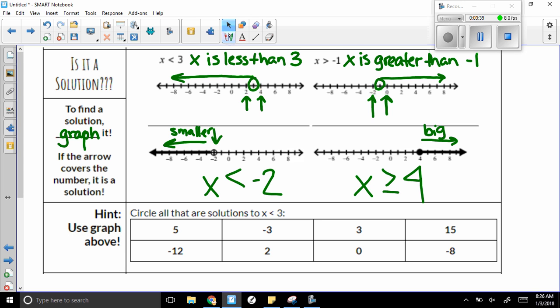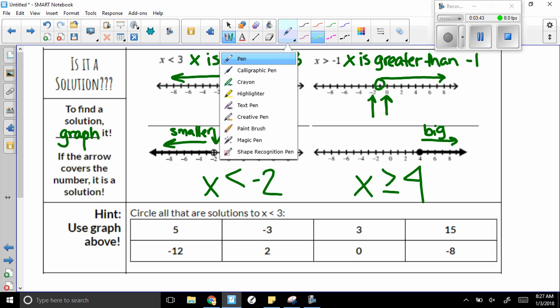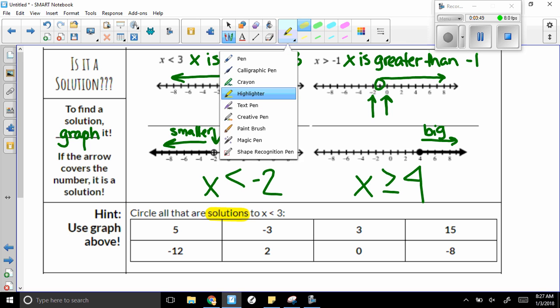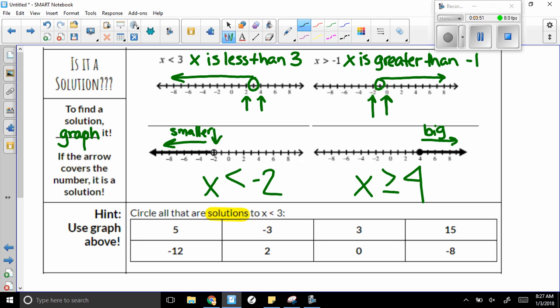Well, if you look here, I'm actually going to highlight that. Highlighter. There we go. So solutions. Remember, I'm looking for true. All right. So I'm looking at this +5 first.